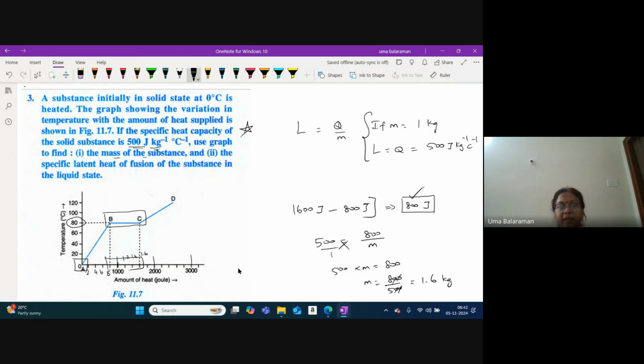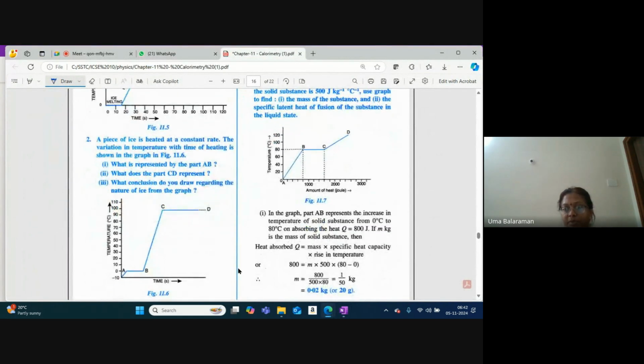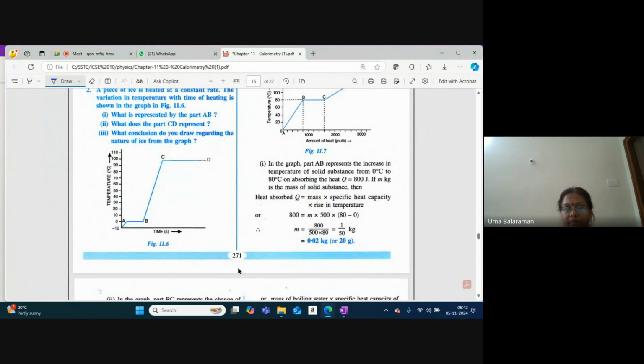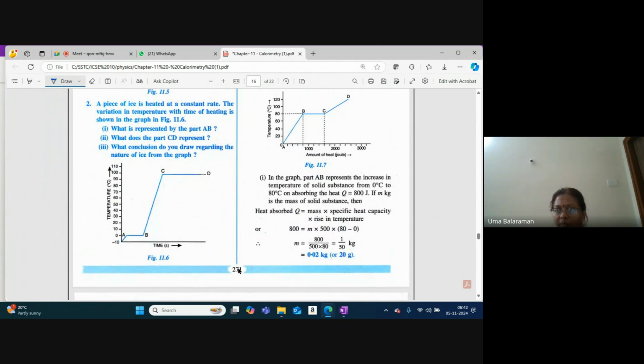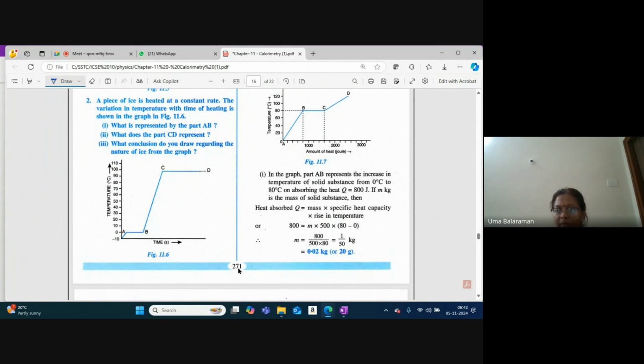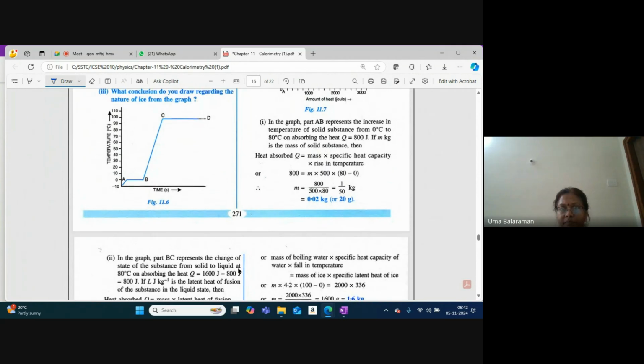What is the latent heat of fusion of the substance in liquid state? It should be the same if it is a pure substance. Okay, sorry, ma'am. They are doing it in a different way.